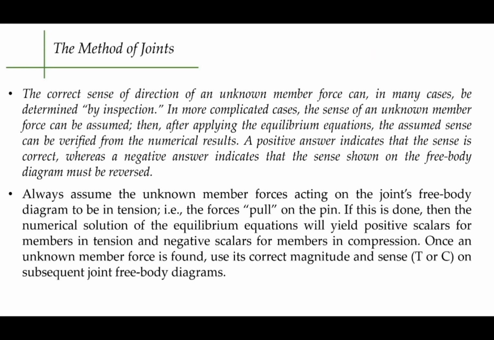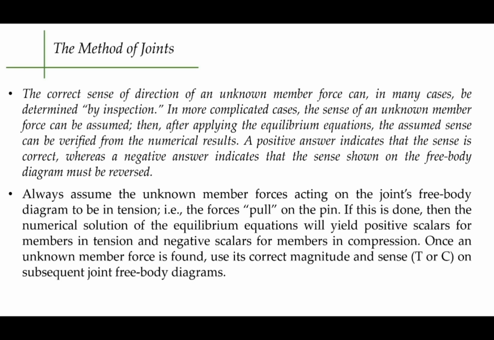Now, of course, there will be instances wherein it is difficult to assume the direction of your unknown members. So it is widely accepted that if you are unsure whether that force is indeed tension or compression, meaning you cannot do inspection at that joint, it is safe to assume that all the unknown forces will be tensile.